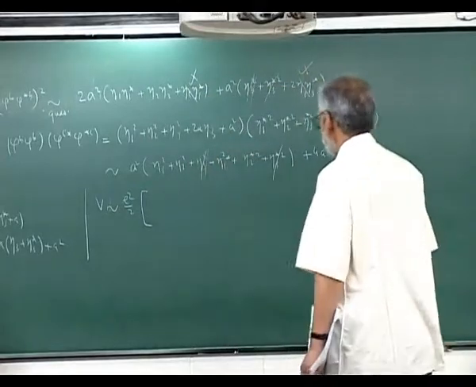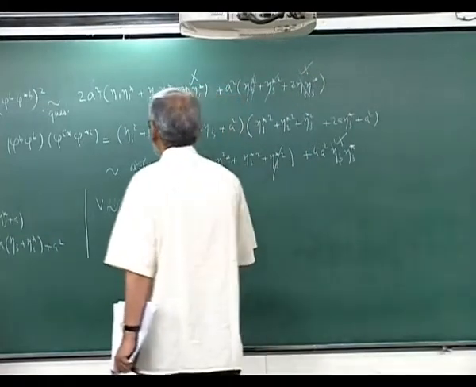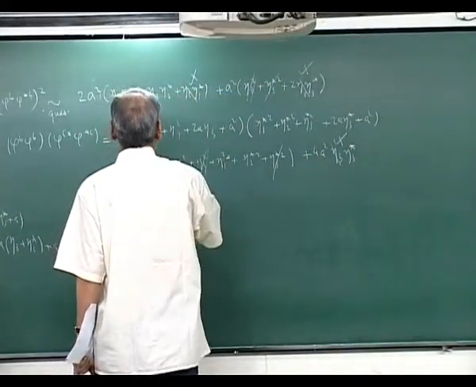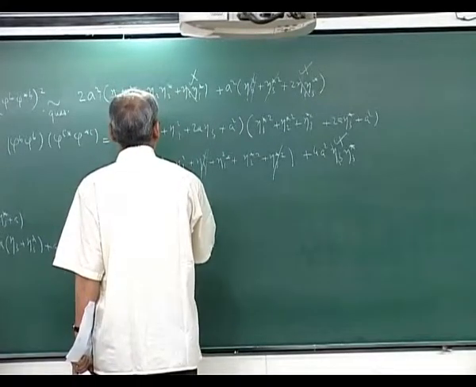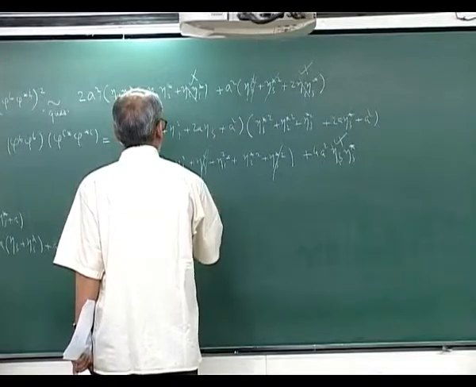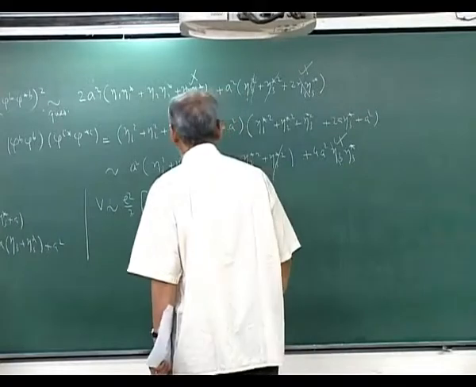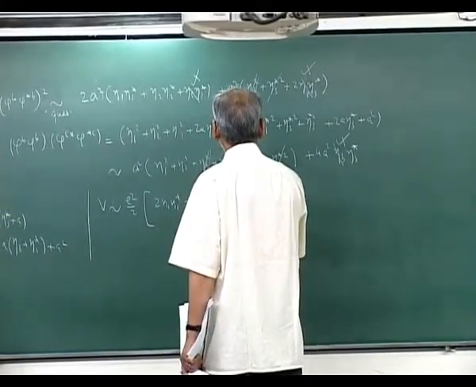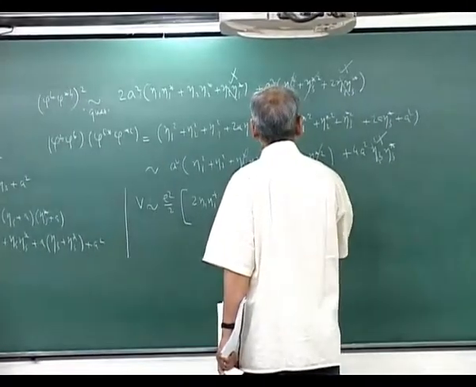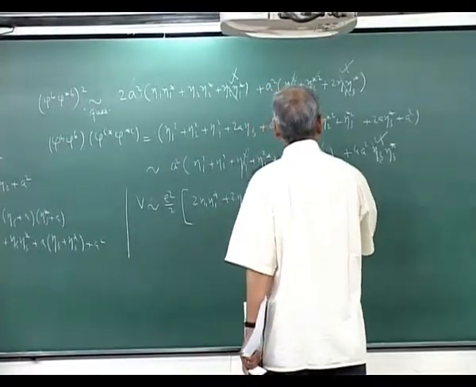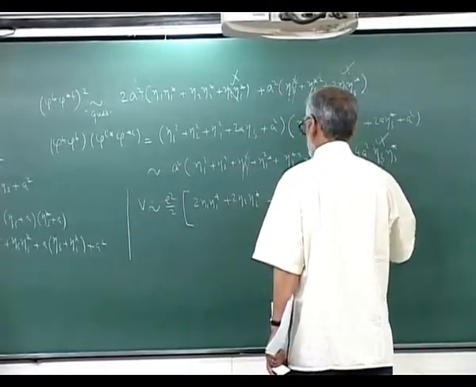And now collect the rest of it. Is twice eta 1 eta 1 star, twice eta 2 eta 2 star, minus eta 1 square minus eta 2 square minus eta 1 star square minus eta 2 star square.